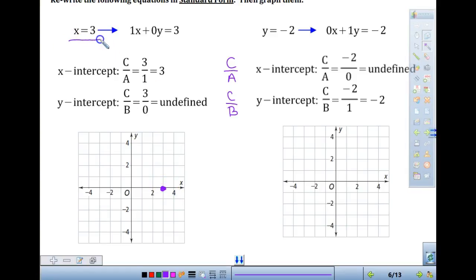Everywhere on this equation, x is always what? 3. Does it matter what y is? So here is 3, 0, right? This is 3, 1, and this would be 3, 3. If I'm going to graph that line, this is 3, -4. Everywhere on that line, it is going to be a vertical line. And if you think about the slope of a vertical line, same as our y-intercept, it is undefined.